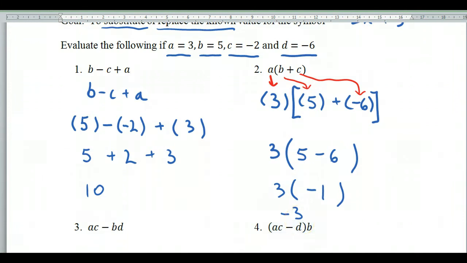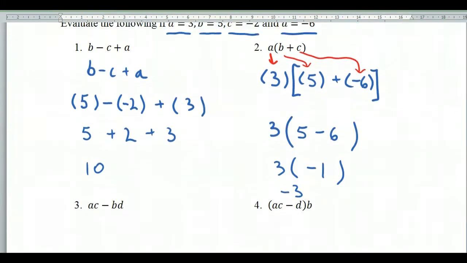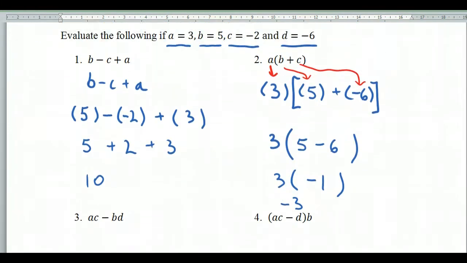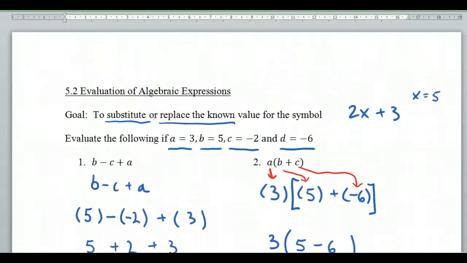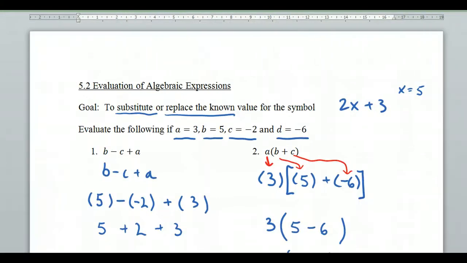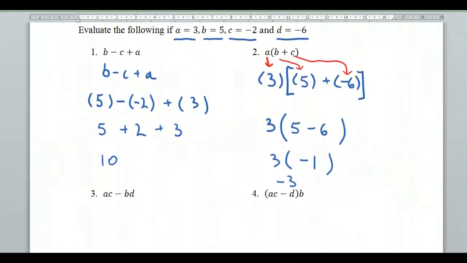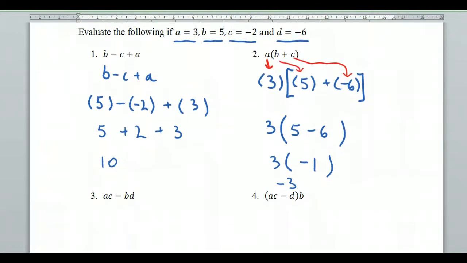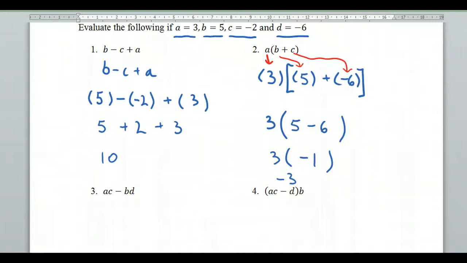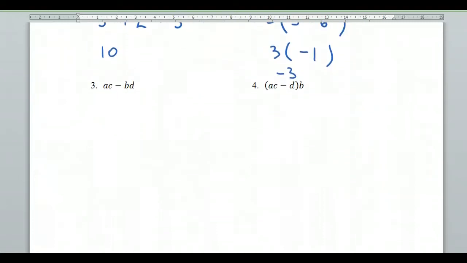All right, let's keep going here. Now I have A times C minus B times D. Okay, so let me go ahead and get some brackets in here first.